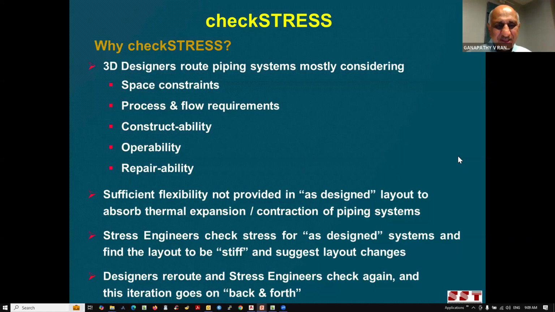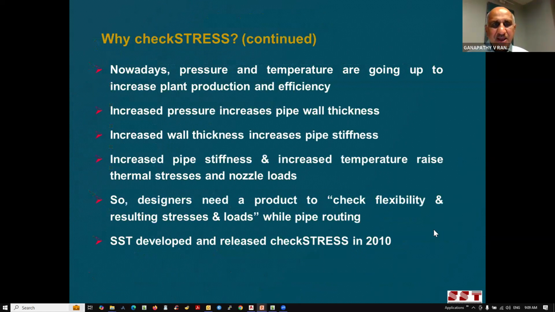Okay, so let's go to the next slide, please. So then there's one more thing that's happening lately, to produce more output from the industrial plants, to produce more goods, and also to improve the efficiency. Nowadays, the pressures are increasing, the temperatures are increasing. Now, once you increase the pressure, what happens to the wall thickness?